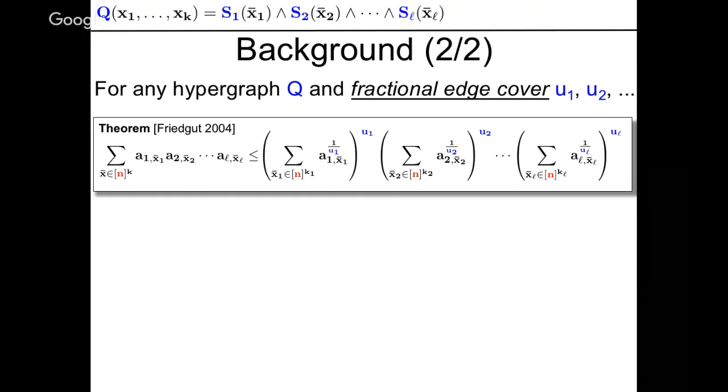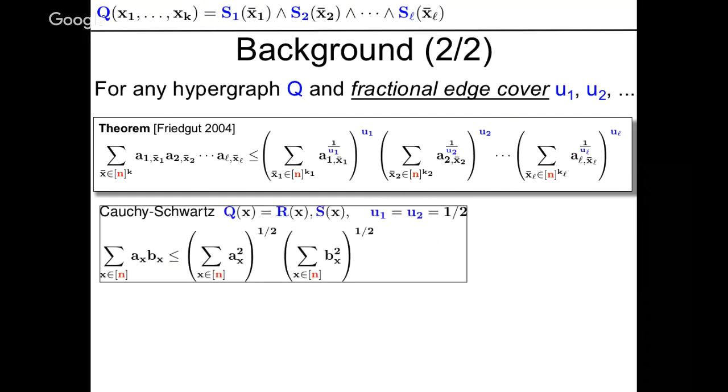So A1 indexed by x1 is a set of non-negative real numbers associated to every x1 tuple in the domain. And then what this inequality says is that the sum of the products of those sequences is less than the product of the sums to the right powers.